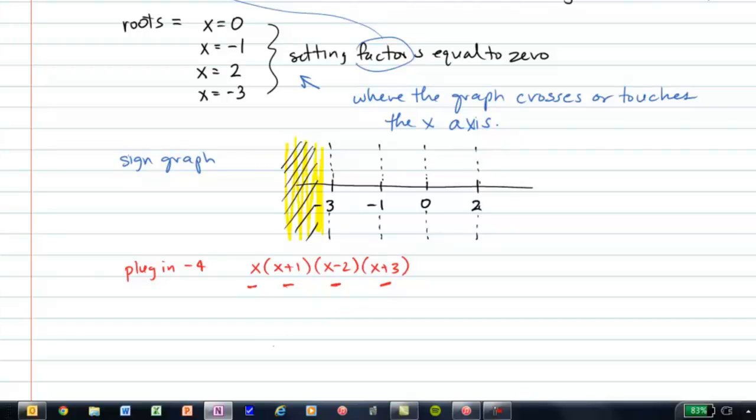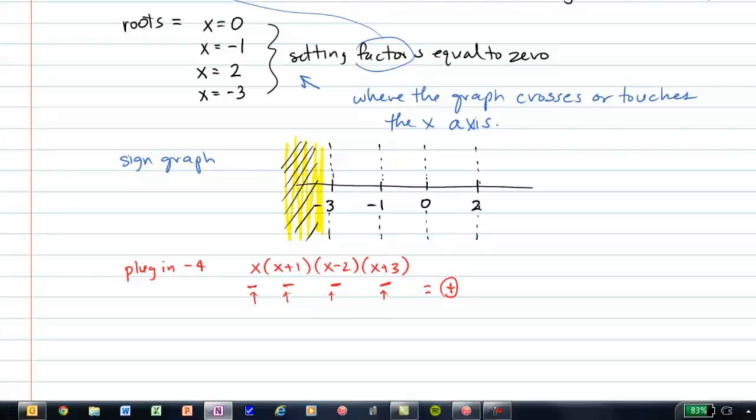But if I have 4 negative numbers and I multiply them all together, what sign will I get? Well, negative times negative is positive, times negative is negative, times negative is positive, right? So this ends up being positive.